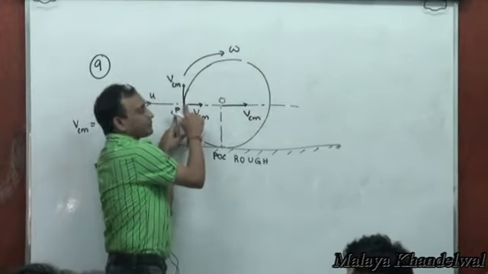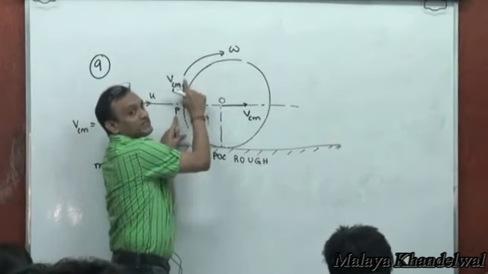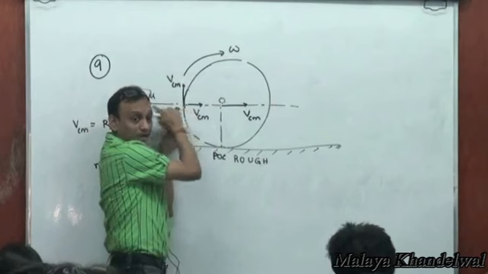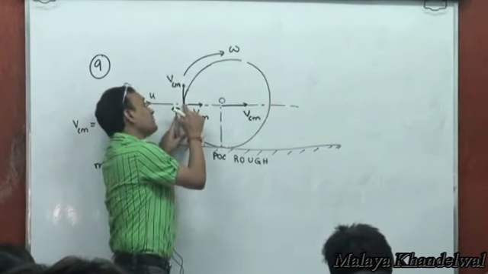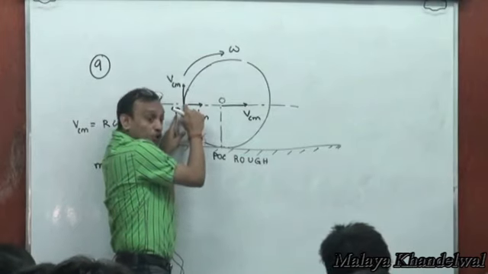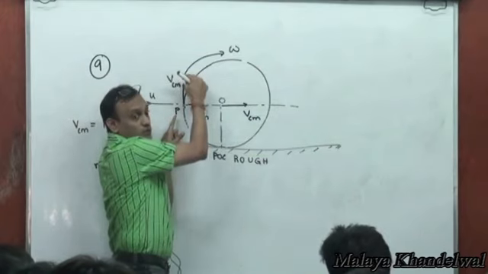The mass m, subsequent to the impact, has a VCM like this and a VCM like this. Just the mass alone, small m, because it gets embedded, shares the same velocity as the corresponding point P on the disk, which has a VCM this way and a VCM this way.